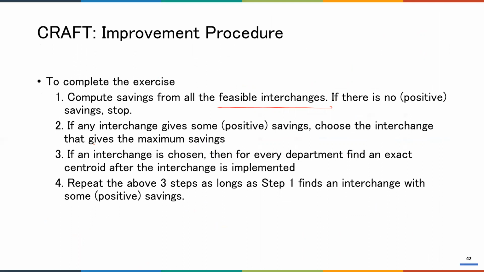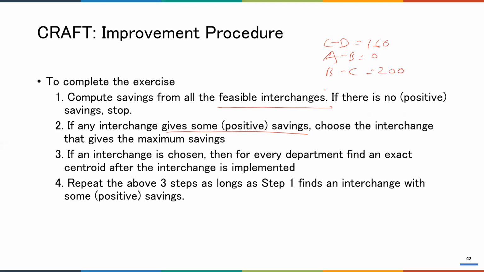And if you have an interchange that gives positive saving, for example, before, if we make a movement for C and D, then we save 160. If we move, for example, A and B later on, we get, I think, 0. And then if we change B and C, probably we get, for example, 200.